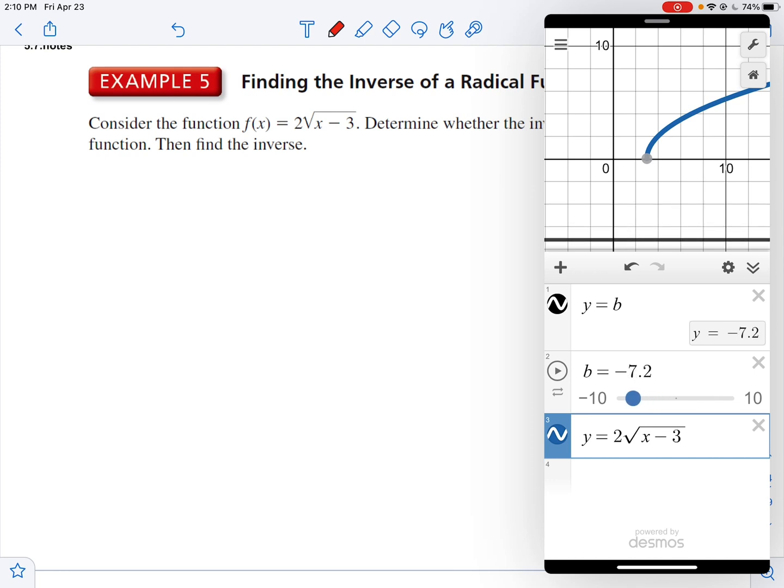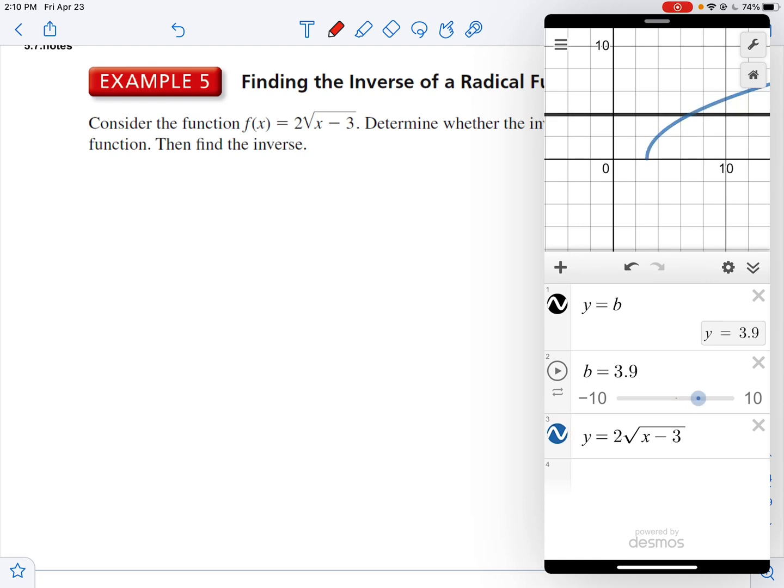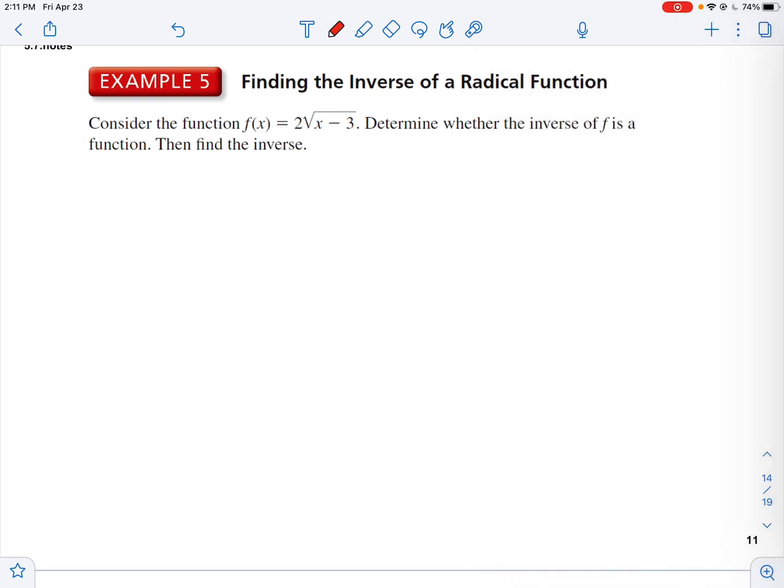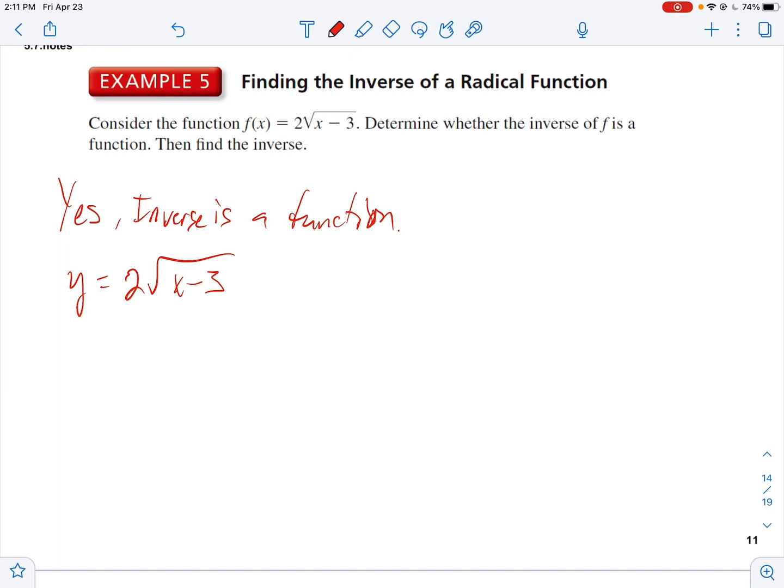So as I move my slider, it only ever touches in one place. So that is okay. So let's find the inverse. So we can say yes, the inverse is a function.